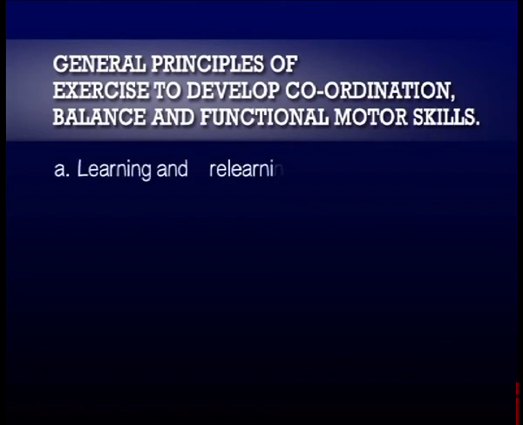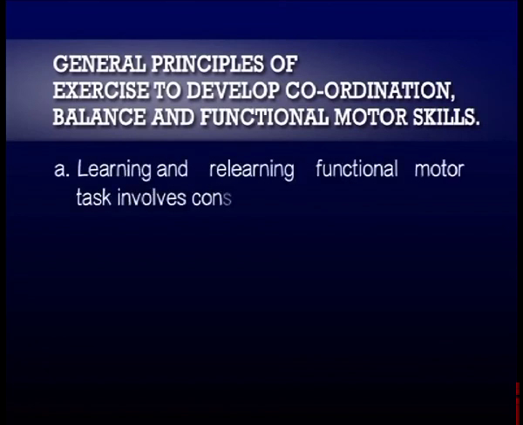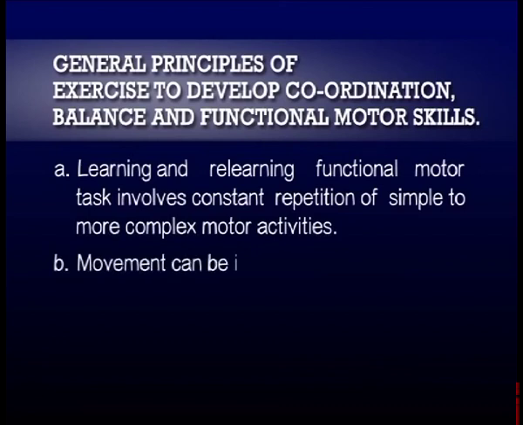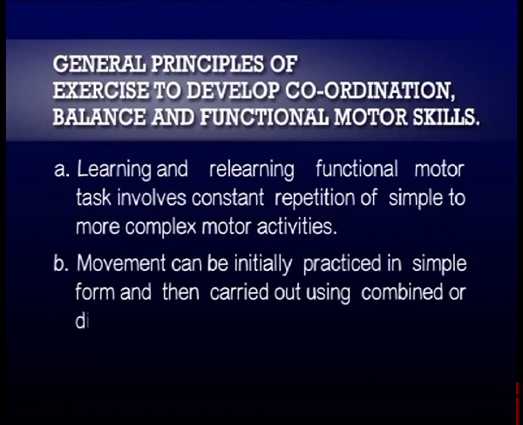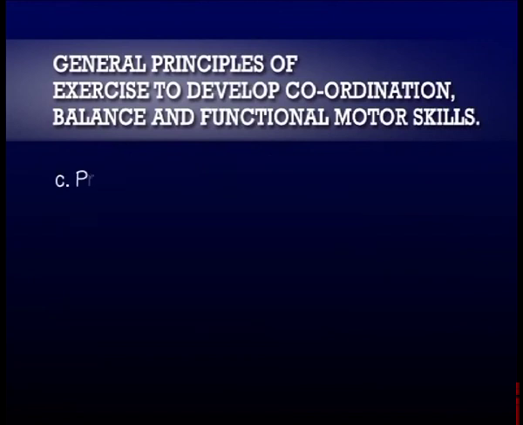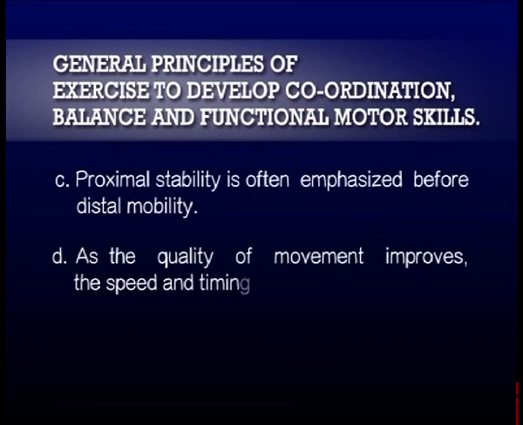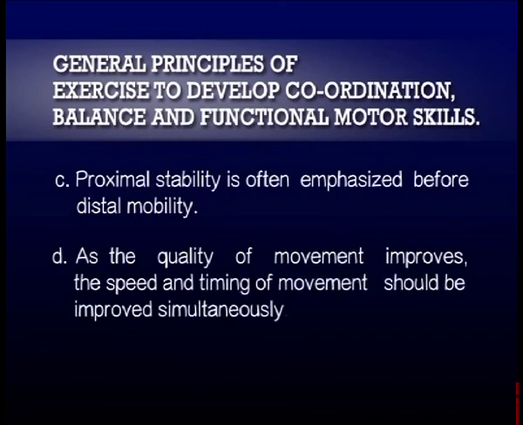First, learning and relearning functional motor tasks involves constant repetition of simple to more complex motor activities. Movement can be initially practiced in simple form and then carried out using combined or diagonal movement. Proximal stability is often emphasized before distal mobility. As the quality of movement improves, the speed and timing of movement should be improved simultaneously.